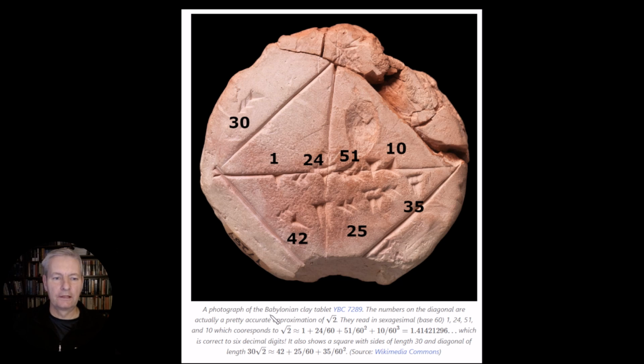Now it doesn't say that they used the Babylonian method that we employed here, but they may well have done that. So if you're interested in some of the history, I do suggest you go and have a look online and chase this up, because there's an awful lot of interesting details there.